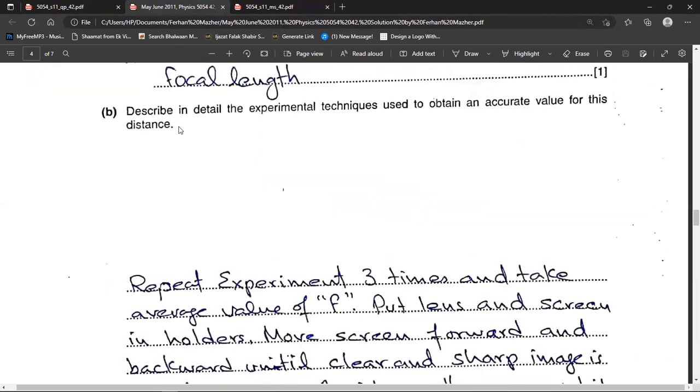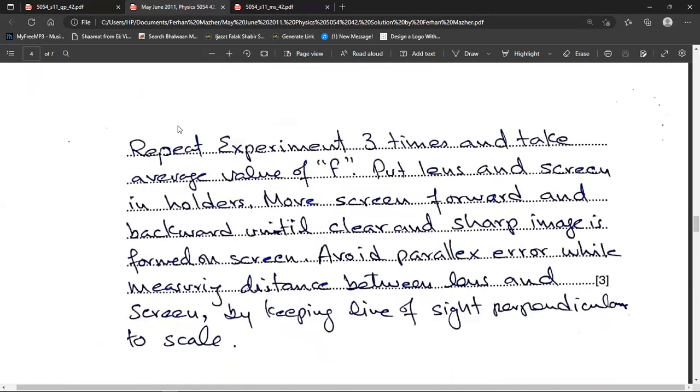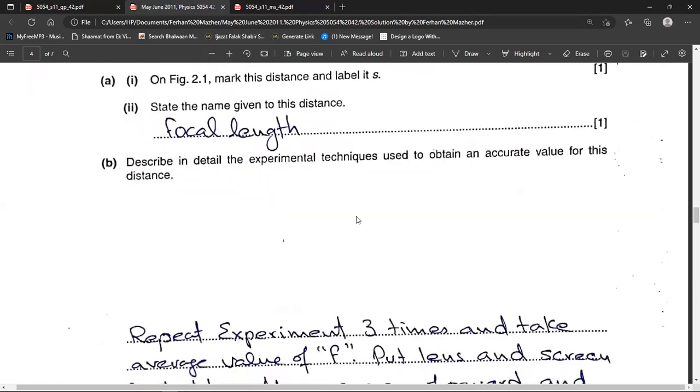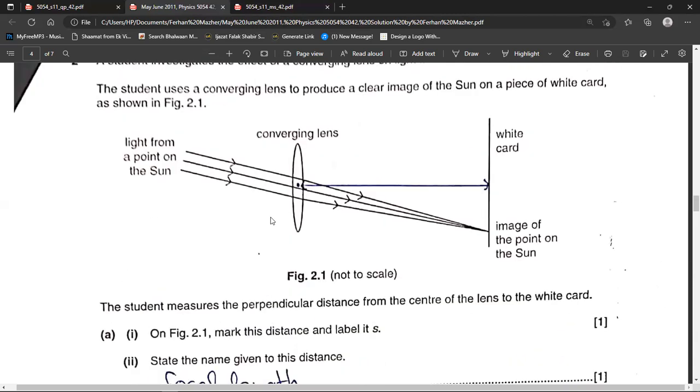So let's see what I have written there. It says, describe in detail the experimental techniques used to obtain an accurate value for this distance. Okay. So if you want to find out this distance very accurately, one technique I told you, put them in the holders. When you check the position of the lens and the screen on the scale, your line of sight must be perpendicular to the scale.